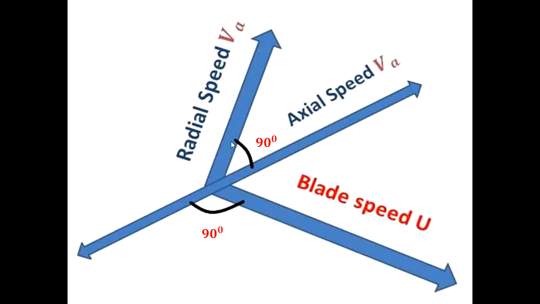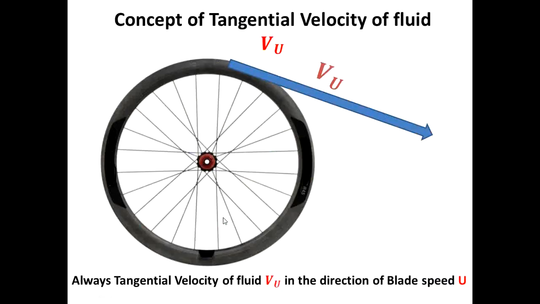Each and everything will be in the 90 degree direction only. So, the tangential velocity component. What is the tangential velocity component? The rate of change of tangential velocity of the fluid particle is responsible for the rotation of the turbo machine. I hope you are understanding. Then it is V, U. V means the fluid particle.